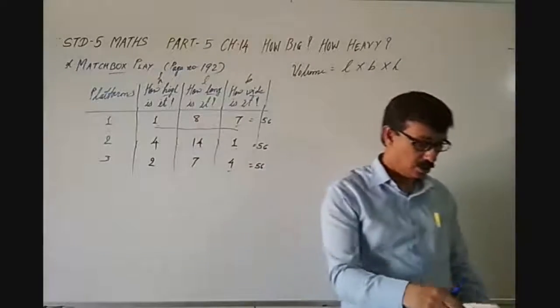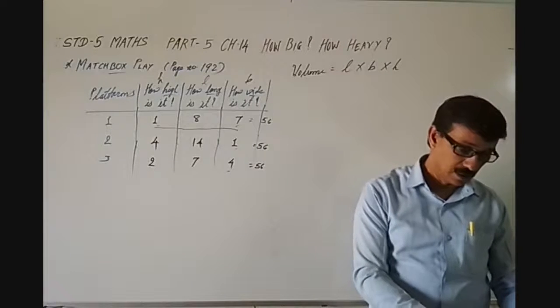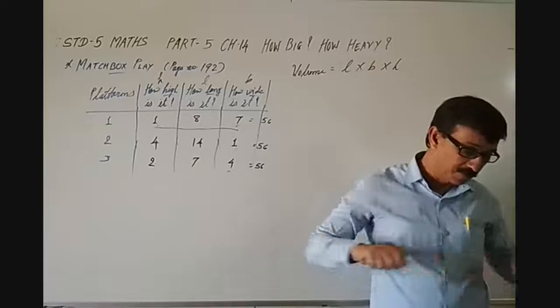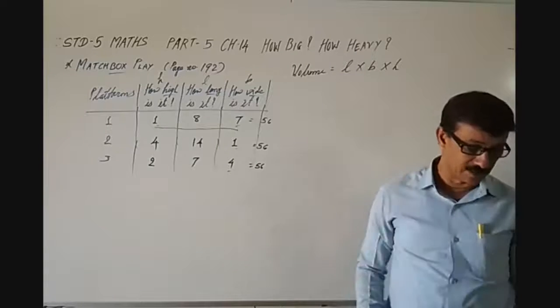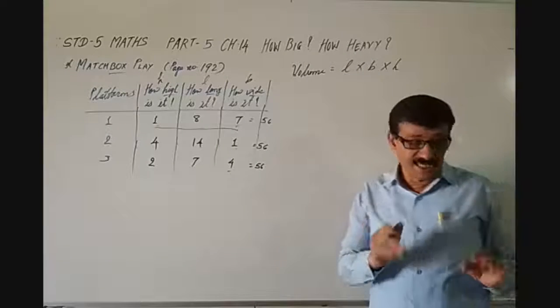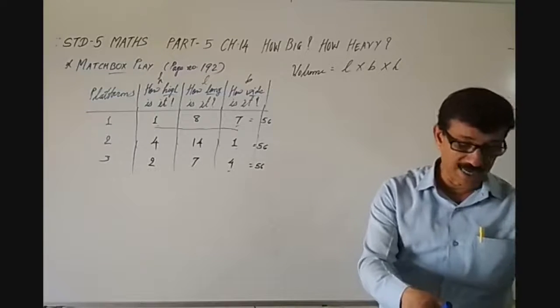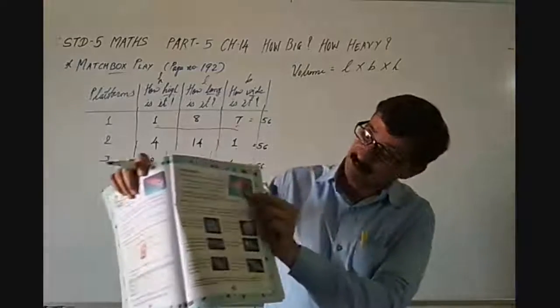So Mohan arranged his matchboxes something like that platform. Now, how many matchboxes did he use to make it? So you can see there are 3 layers. You can see there are 4 layers. We can see this is the platform.